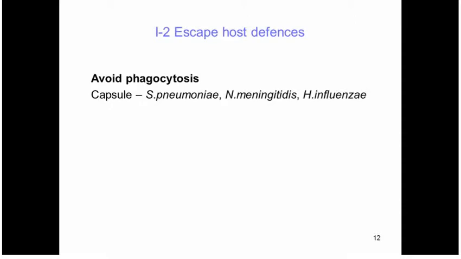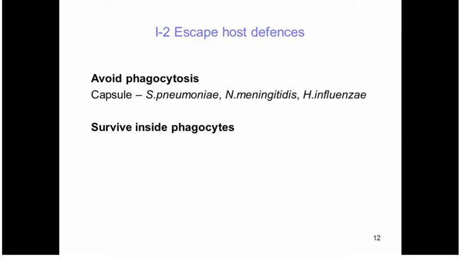At least the core oligosaccharide in LPS is highly conserved. And so if you hide these conserved structures behind a variable capsule antigen, this is going to make phagocytosis a lot less efficient. So all the pathogenic strains of Streptococcus pneumoniae, Neisseria meningitidis, Haemophilus influenzae have a capsule.